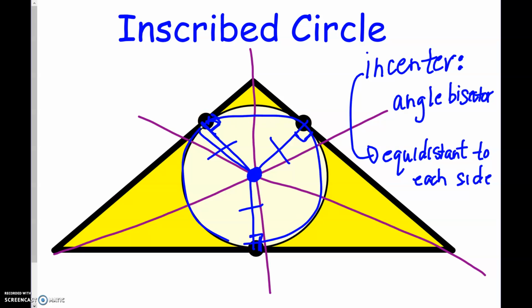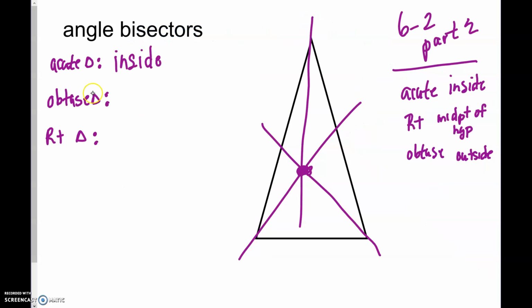When we did the perpendicular bisectors, remember that circle went outside the triangle, and those were equidistant to the vertices. Now look at this. From here to the vertex and here to the vertex, those are not even close to being the same. Okay, so we just found out in an obtuse triangle, it is also inside.